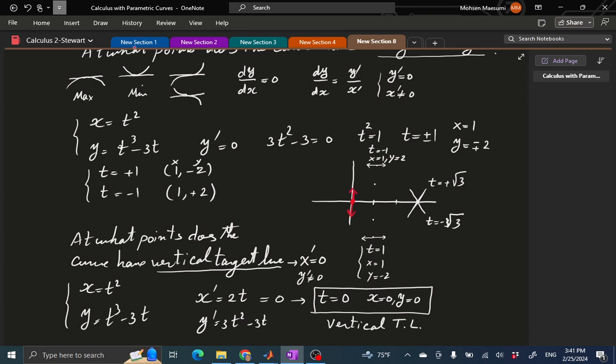So our guess was correct: most likely what's happening is that the curve is coming, turning here, turning here, turning here, and going in that direction, so it looks like the letter alpha. That's what our curve is. Now let's go ahead and confirm something.